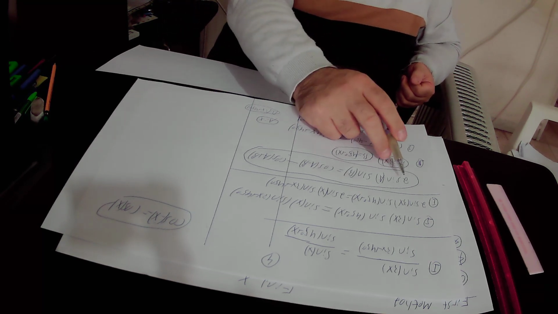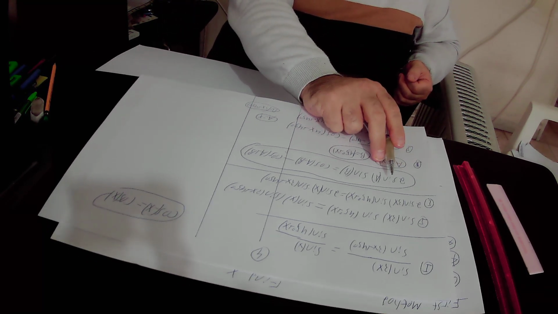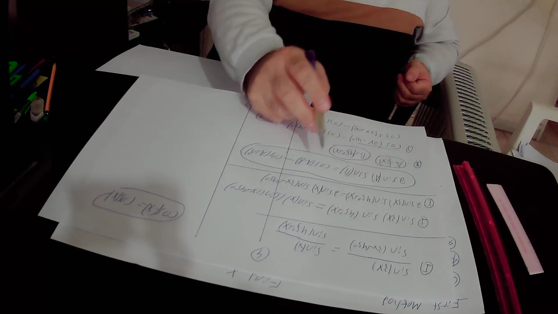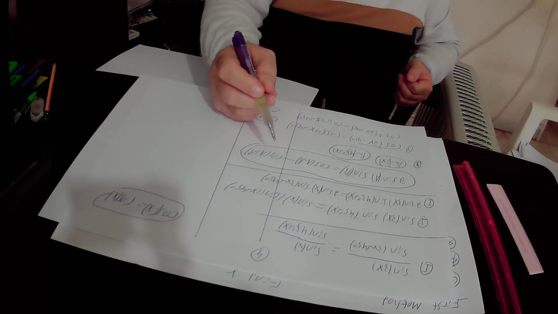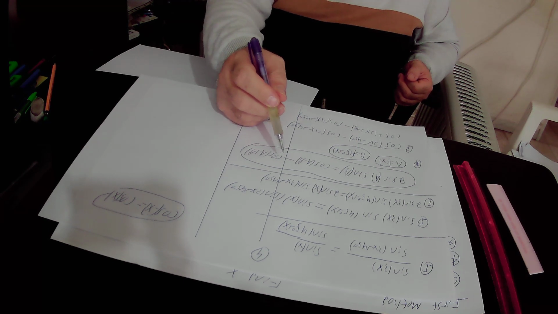We have 2 sine 3x sine 45 degrees plus x equals to 2 sine x sine 3x plus 45 degrees.